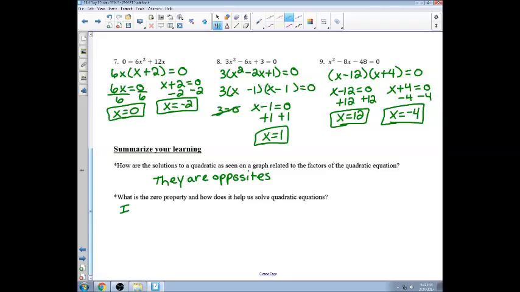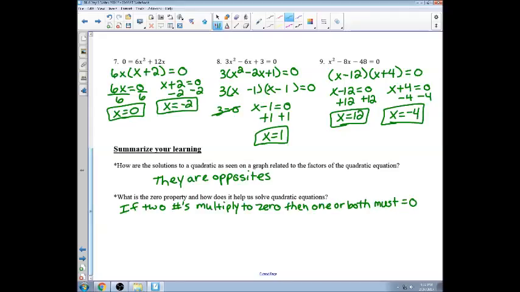What is the zero property, and how does it help us solve quadratic equations? That is, if two numbers, terms, factors, whatever you want to say, multiply to 0, then one or both must equal 0. That is what the zero property is.